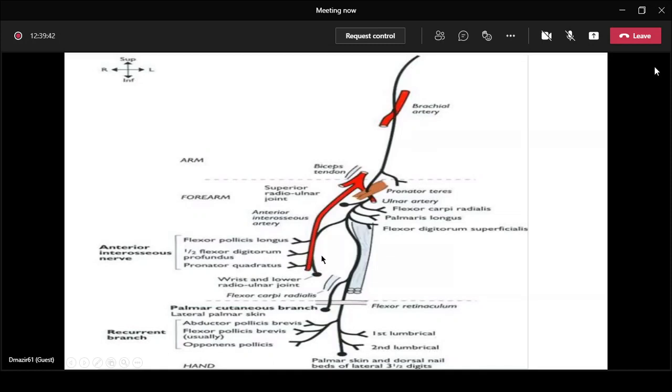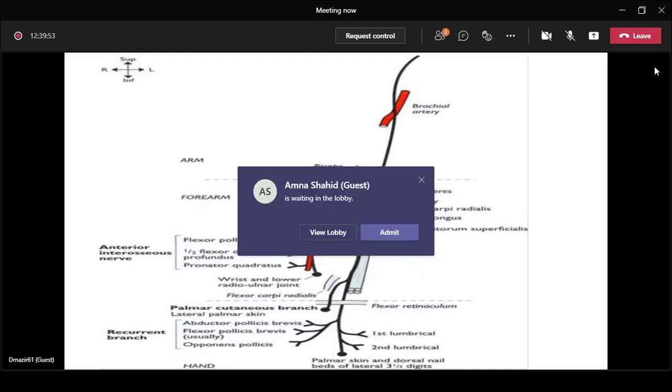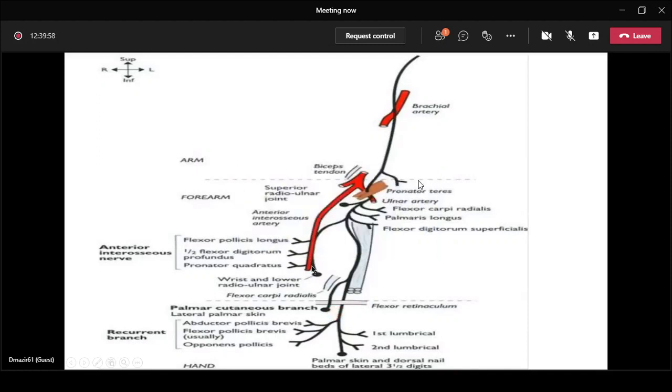Flexor digitorum profundus is a hybrid muscle: its lateral part is supplied by the median and its medial part is supplied by the ulnar. And then the branch to the pronator quadratus.